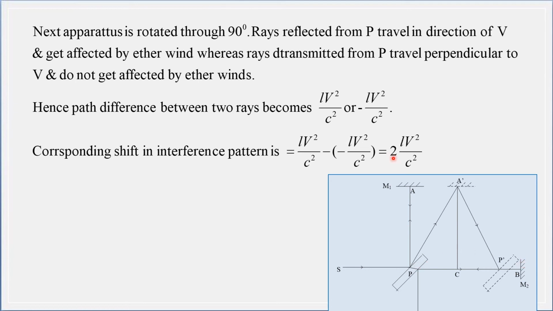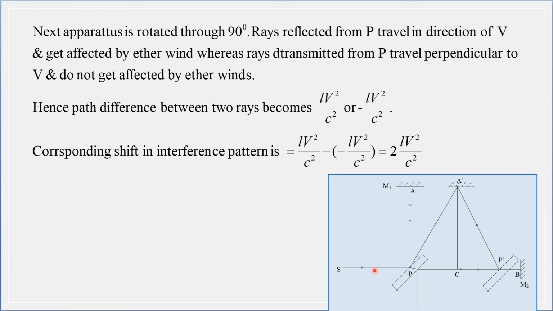Now the reflected beam will get affected by the ether wind, and M2 will go down, so it is perpendicular to the ether wind, and the transmitted beam will not get affected by the ether wind.